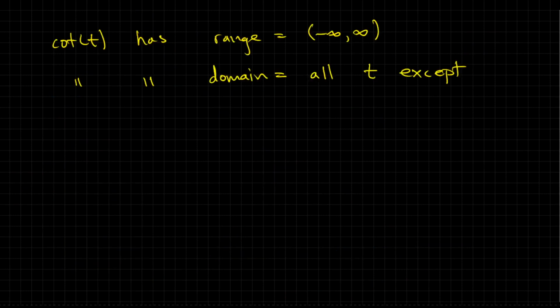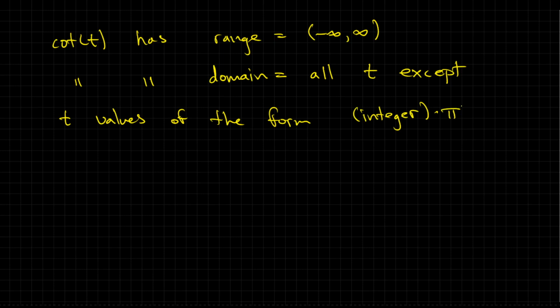In fact, if you thought about this for a little while, you would come to the realization that this is defined for all t except t values of the form an integer times pi.